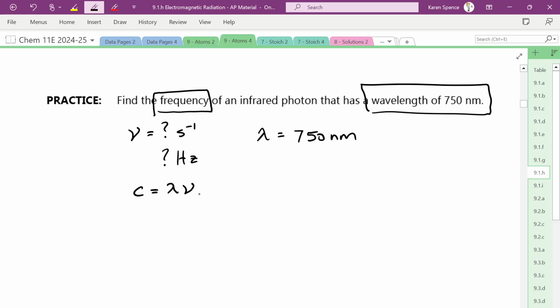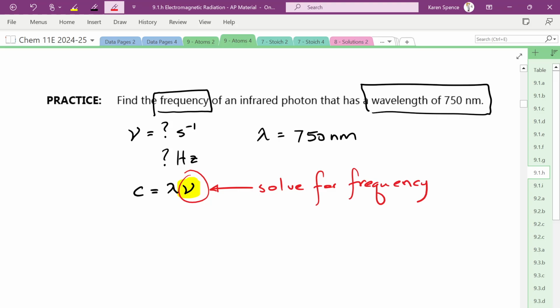So we want to solve for frequency. Hopefully everybody solves for frequency. I want to see if your algebra skills are up to it, just in case.